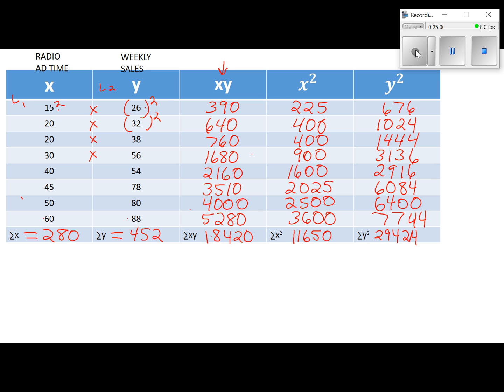Once I have all of those, then I can use the other formula to find the standard error. So I'm going to go on to this next slide.